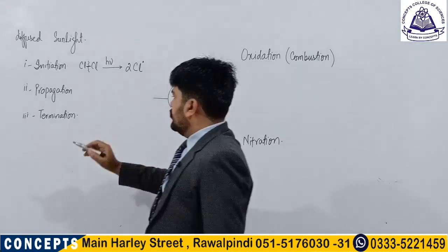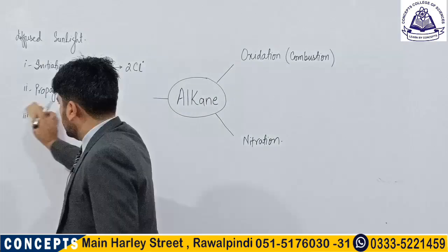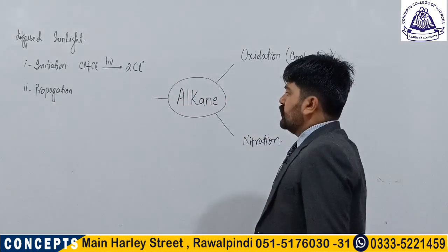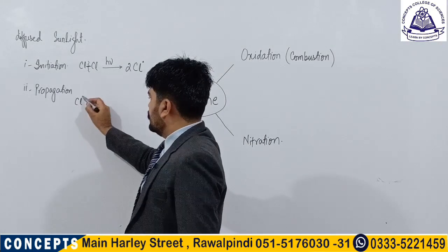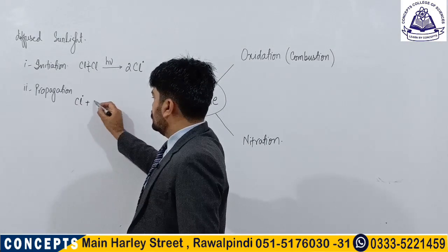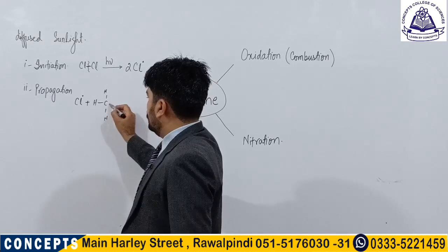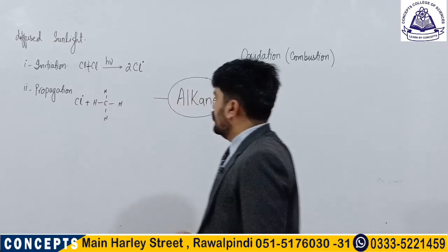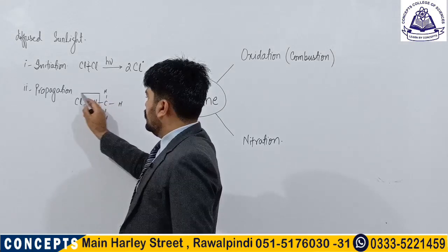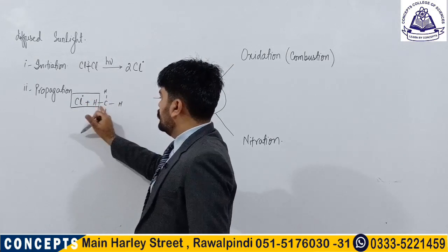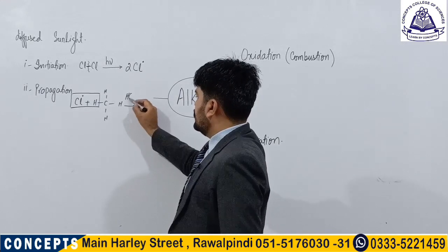In the propagation step, the chlorine free radical reacts with alkane. For the sake of detail, I write the reaction here. The chlorine free radical combines with some alkane like methane, and it simply picks up a neighboring hydrogen, forming a byproduct called HCl.